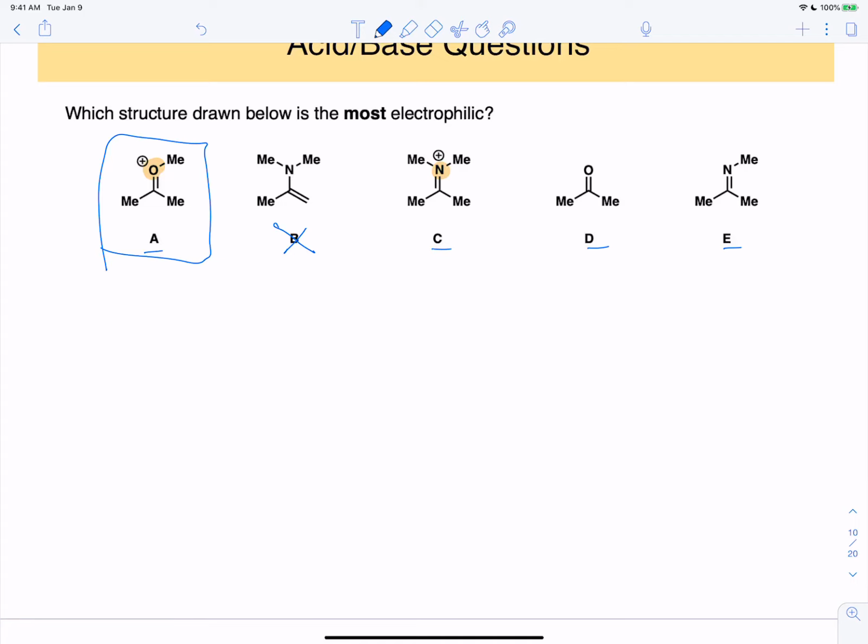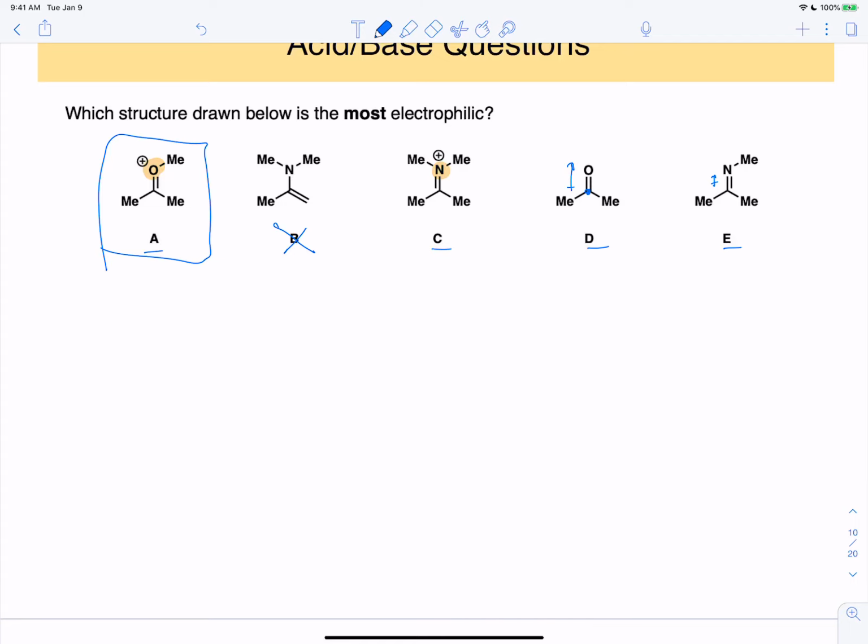Trying to determine the relative electrophilicity of something like D and E can also be done. We can also imagine that this oxygen is much more polarized than this carbon-nitrogen bond. It'll put more partial positive charge on this carbon. So again, a ketone is more electrophilic than an imine.